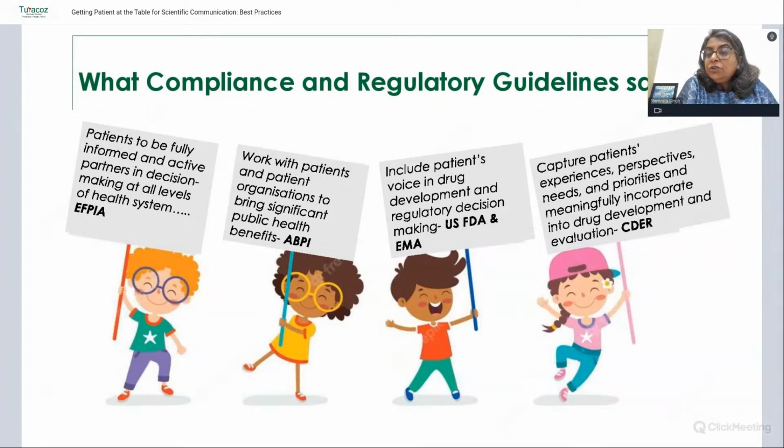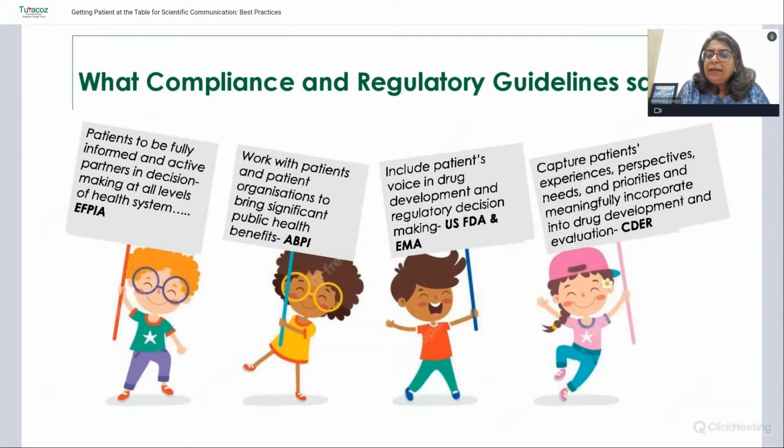Also, they have stats, they have data which say that if the healthcare professionals and industry work with patients and patient organizations, it is going to bring forward a significant public health benefit. So it is not only the patient who's going to be happy, but also the whole healthcare system, the whole environment around it.